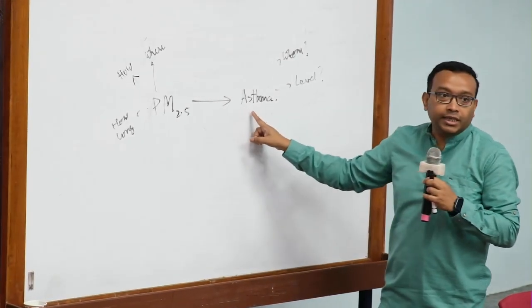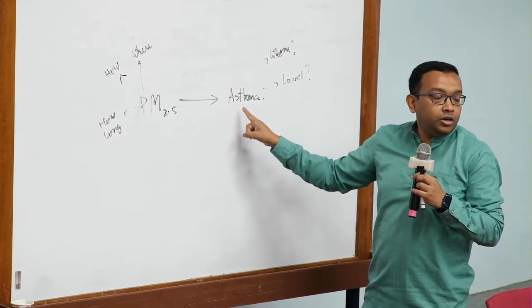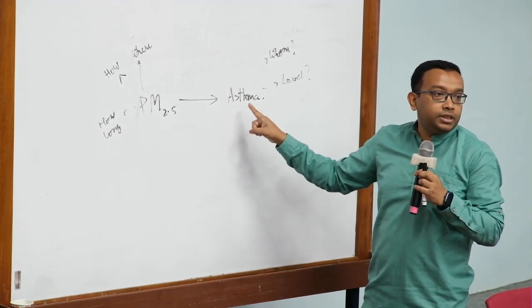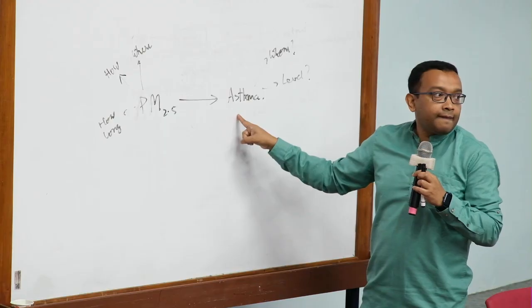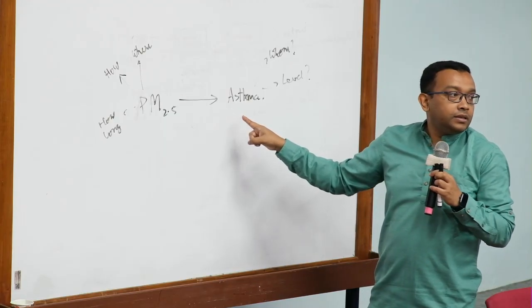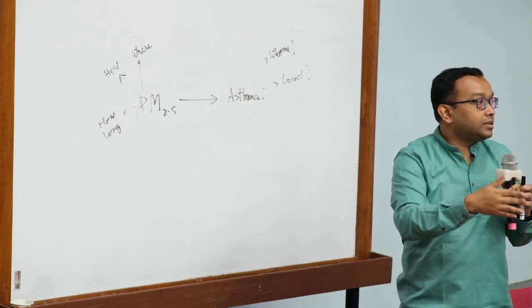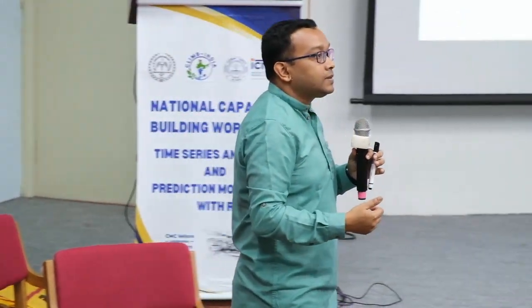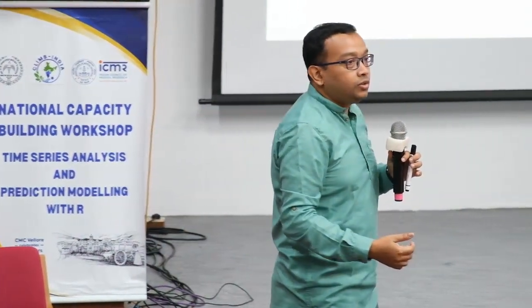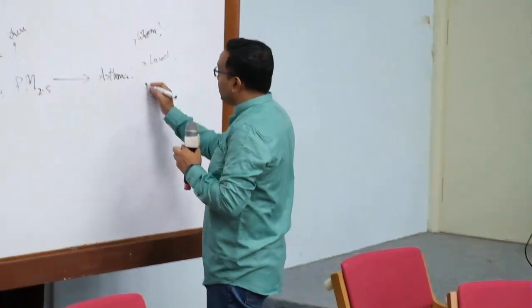Are you going to measure asthma in individuals, or are you going to get data from hospitals in terms of asthma admissions? In admissions or individuals? So you can do this in hospitals.